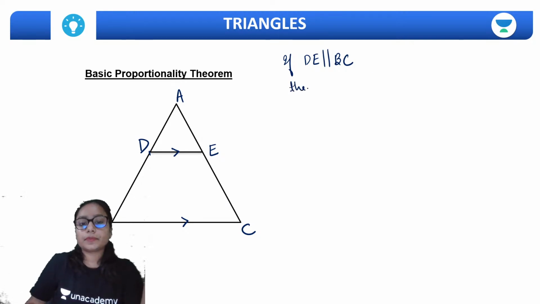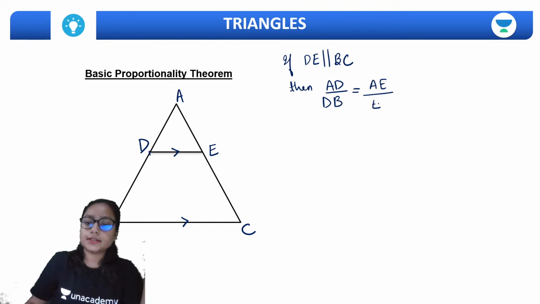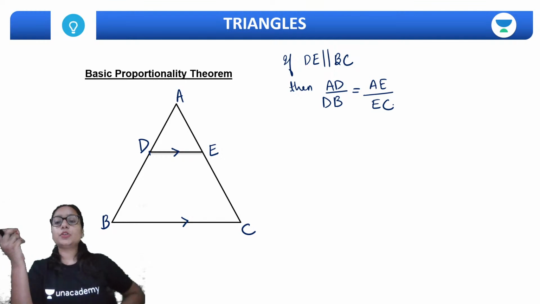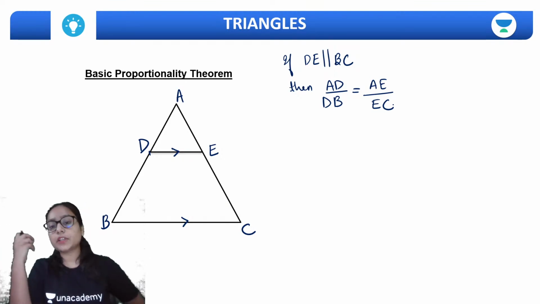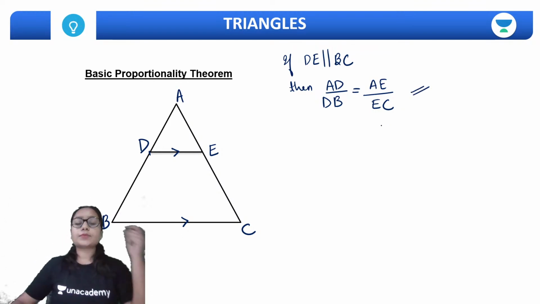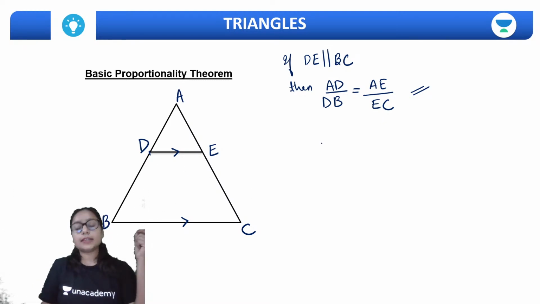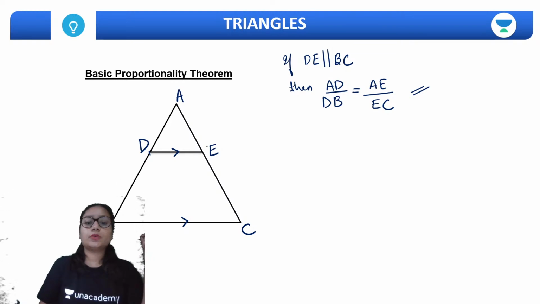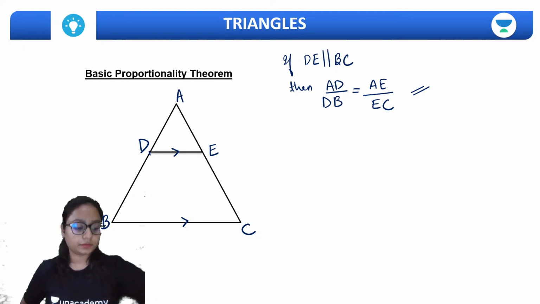This means that AD upon DB is equal to AE upon EC. So the line parallel to the base of the triangle divides the other two sides of the triangle into equal ratios. This is the basic proportionality theorem. If DE is parallel to BC, then AD upon DB is equal to AE upon EC. Everyone, is this clear? Please confirm.